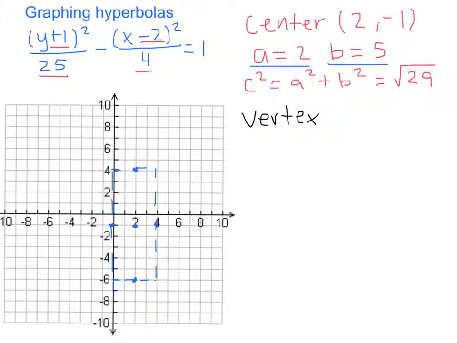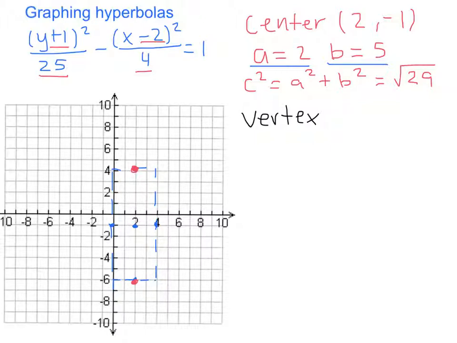And the way we can tell if it's going to be the vertical points or the horizontal points is by whatever term is positive. So if the y term is positive, your vertex is going to be the vertical points.